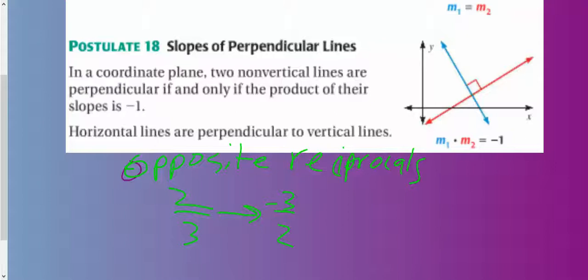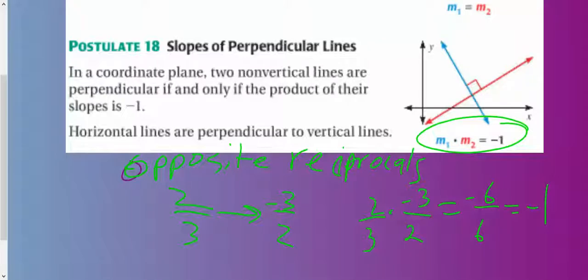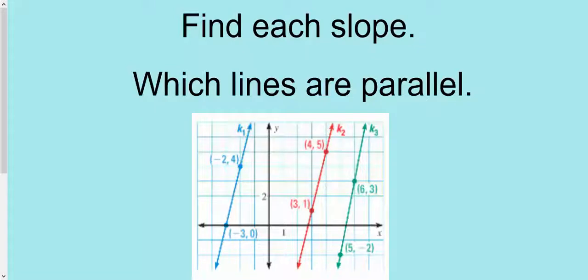If you multiply the two slopes, their product is going to be negative 1. And you can see here you have negative 6 over 6, which is negative 1. So there you go. That's perpendicular lines and determining whether or not they're perpendicular.